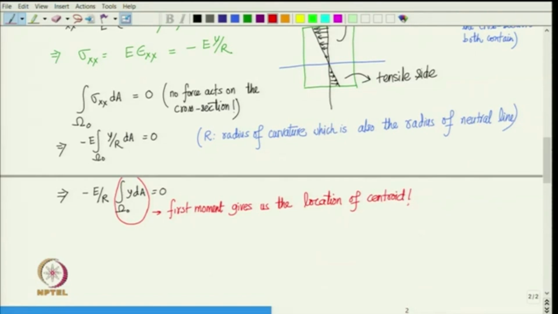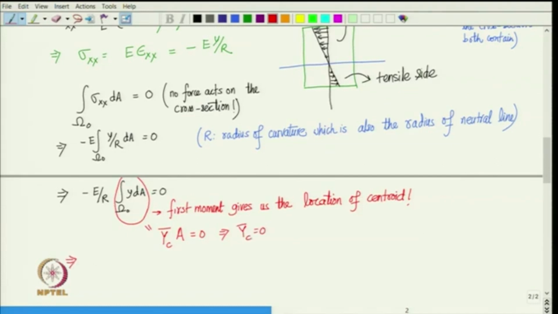So, what we figure out from here is that the neutral axis must pass through the centroid of the cross section, then only the location of the centroid would be 0, right, because this is equal to y bar, the location of the centroid, into area of the cross section, which is 0. That means y bar is 0.